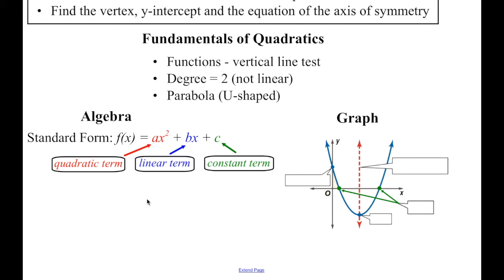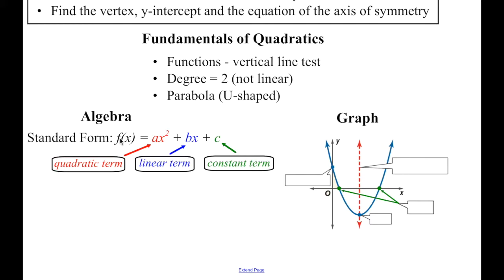So make sure you understand when I refer to the quadratic term or the linear term or the constant term, I have defined those for you here. Now a, b, and c are just numbers, and then your variable is x. Okay, and you will see it represented as f of x. Remember, that means the same thing as y equal to. This is just function notation. So f of x is the same as y.